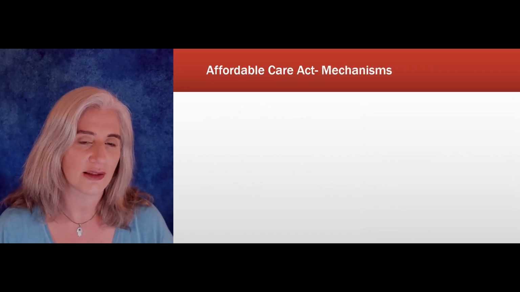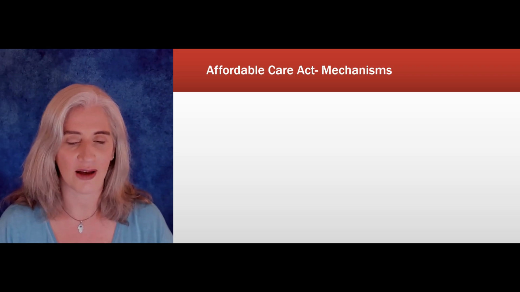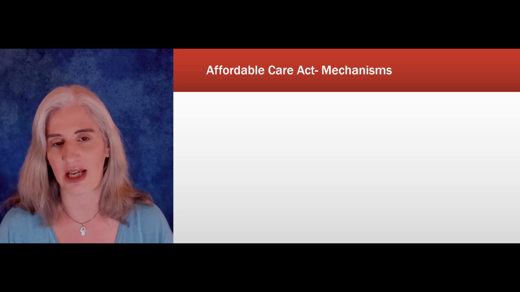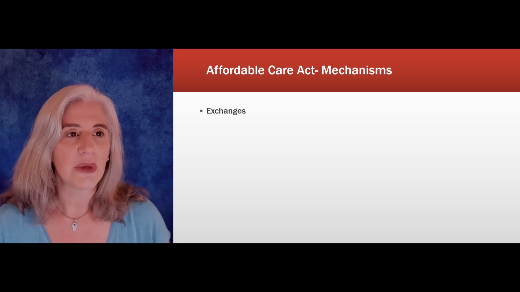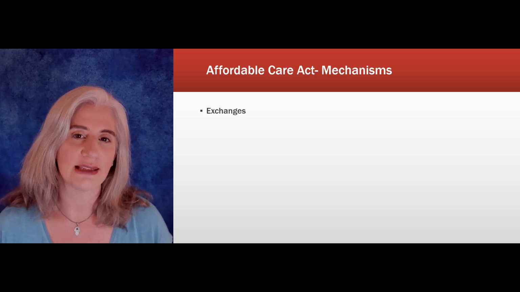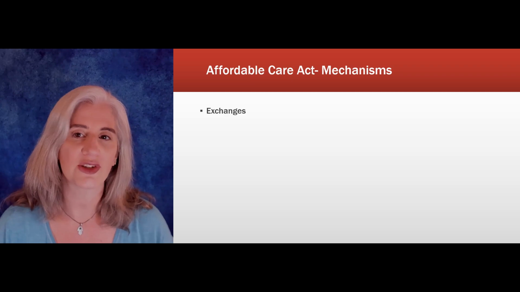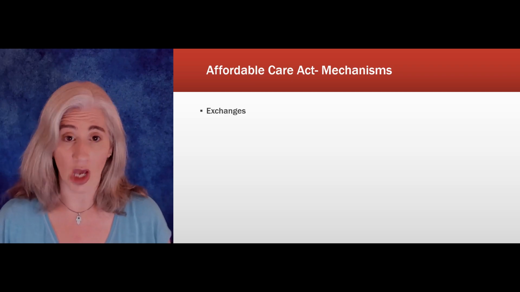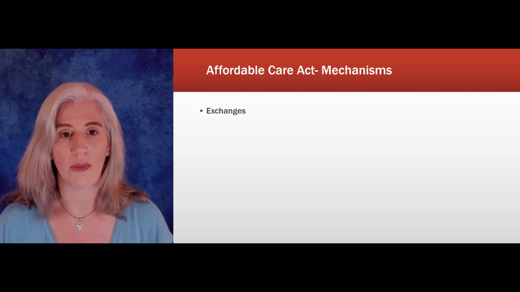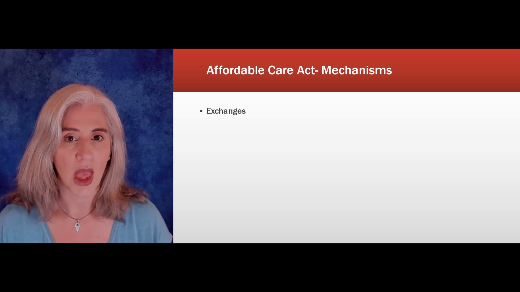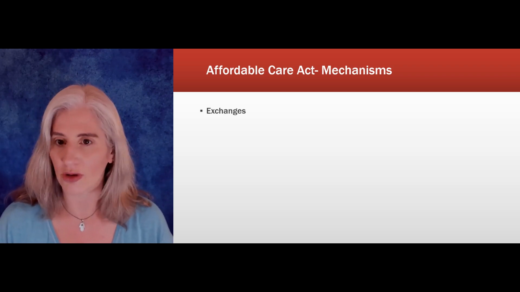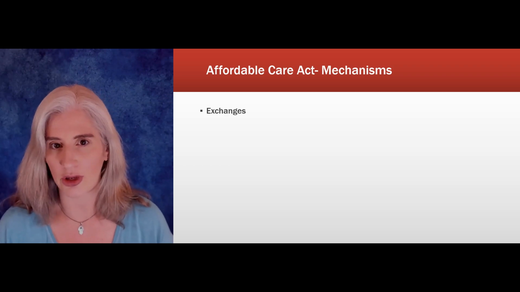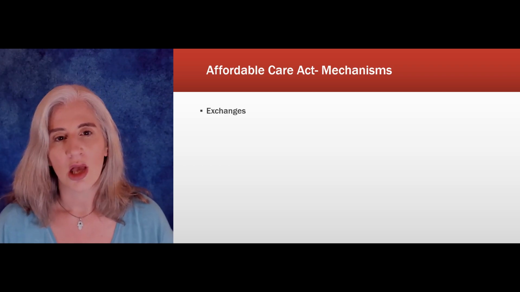How did the Affordable Care Act work to cover this, or how does it? One thing it did was set up exchanges. Because the U.S. healthcare system relies so heavily on employers, there are many people who are not eligible for Medicaid or Medicare who, prior to the ACA, didn't have access to affordable healthcare because they didn't have employers who could pay for it.